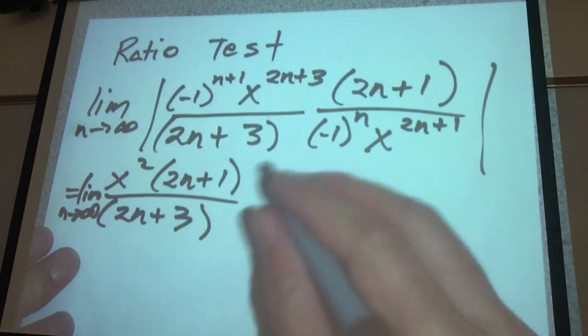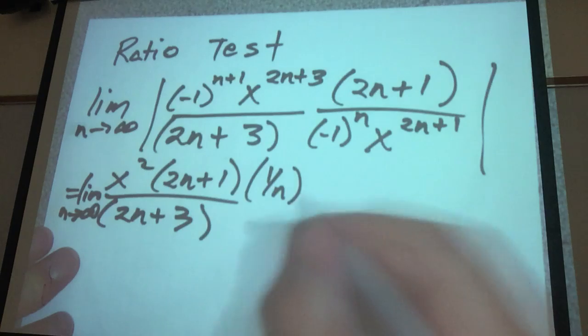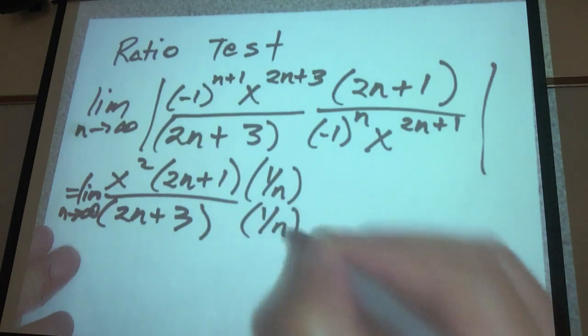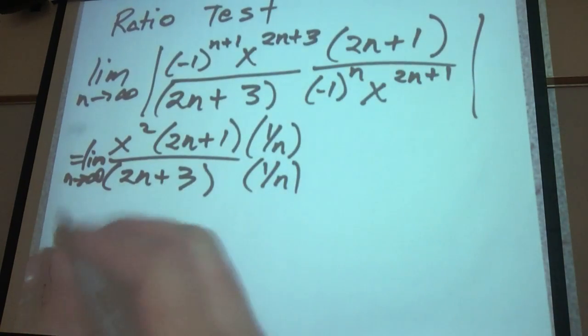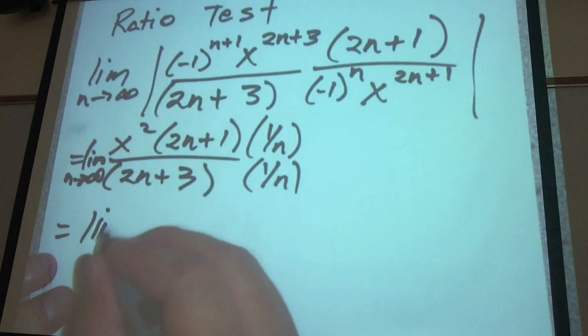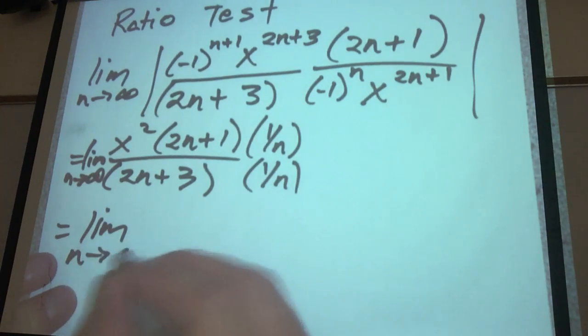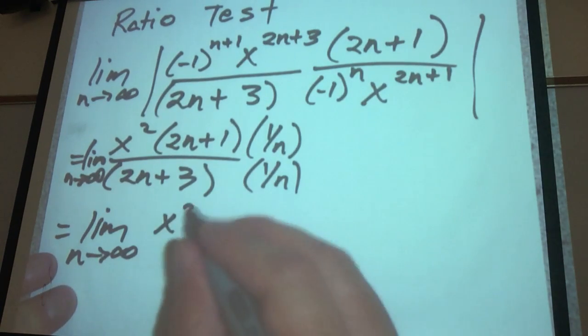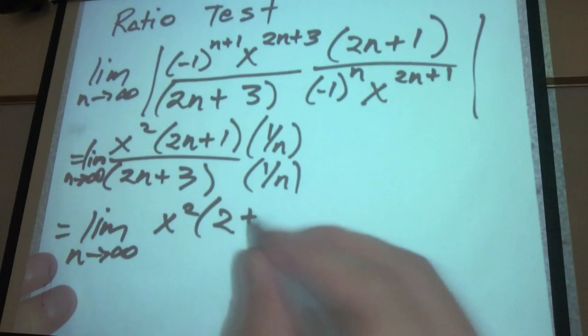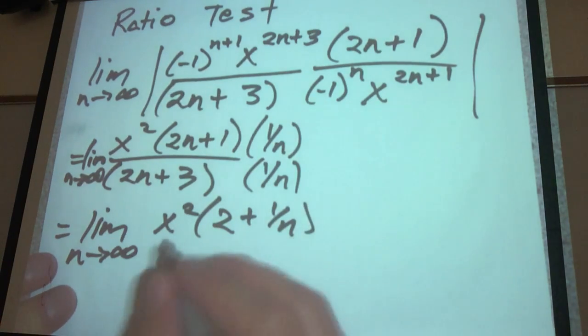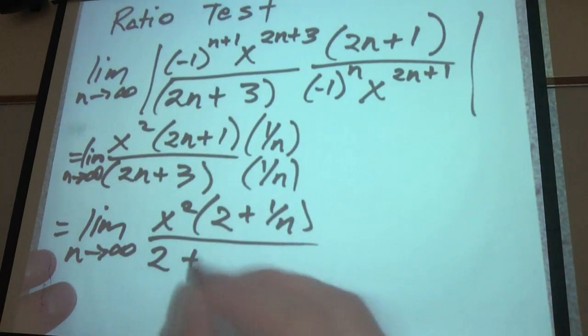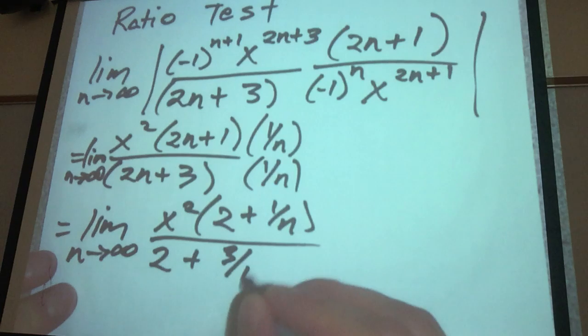Okay. And then we can divide by the highest power on top and bottom. And that'll equal the limit as n tends towards infinity of x squared times 2 plus 1 divided by n, divided by 2 plus 3 divided by n.